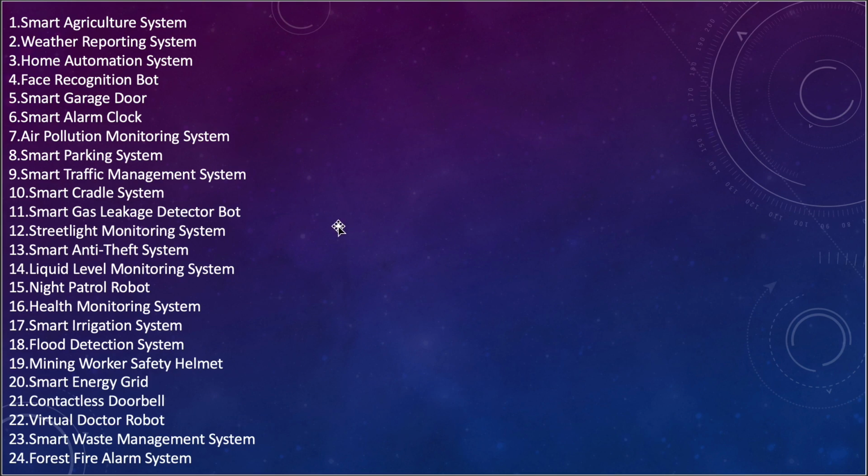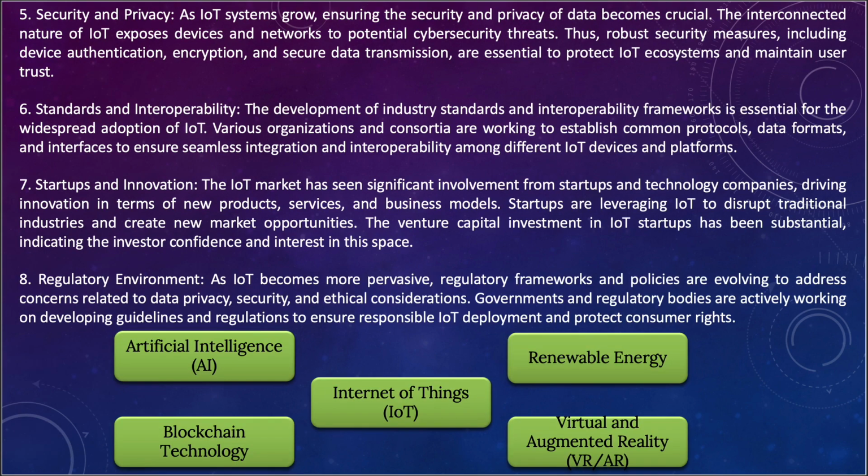Let's say if you take the entire IoT market, there is a set of domains which IoT works in: agriculture, weather, smart homes, smart cities, the electricity grid, and so on and so forth. So there are IoT solutions for most of them. Security, privacy, standards, startups, we talked about these topics as well. Regulatory environment, and we talked about how IoT is part of these when going into the future, right?